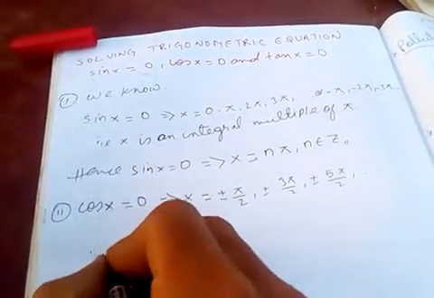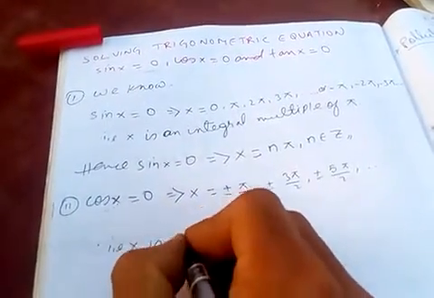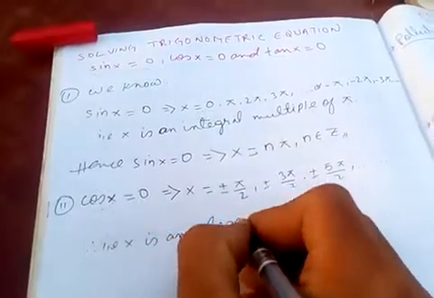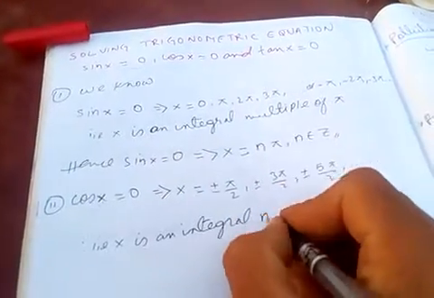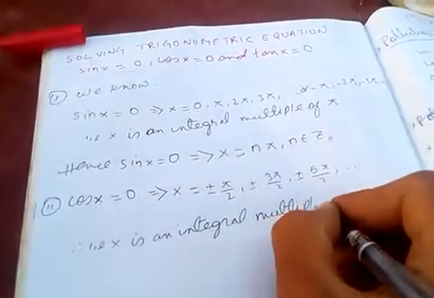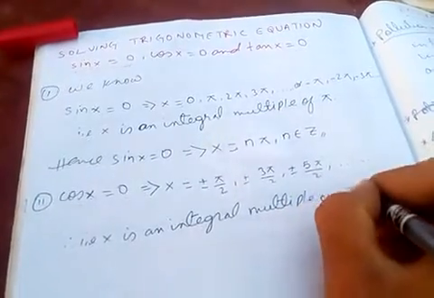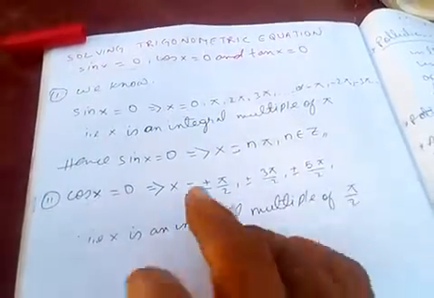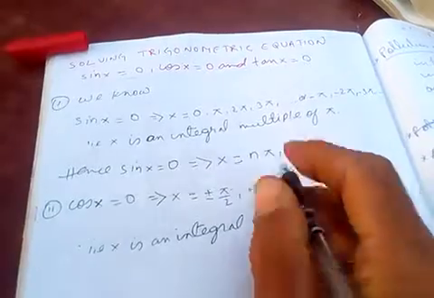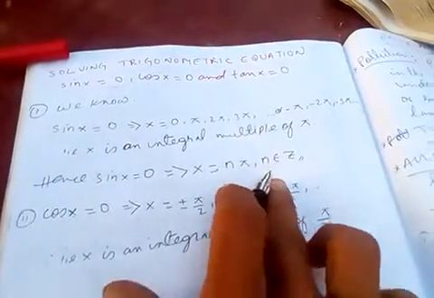So x is an integral multiple of pi over 2. So pi over 2, 3 pi over 2, 5 pi by 2.